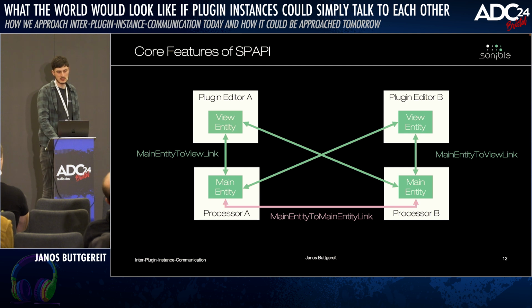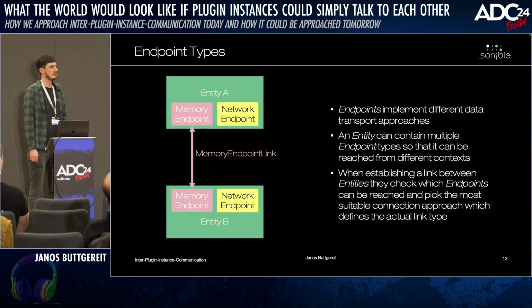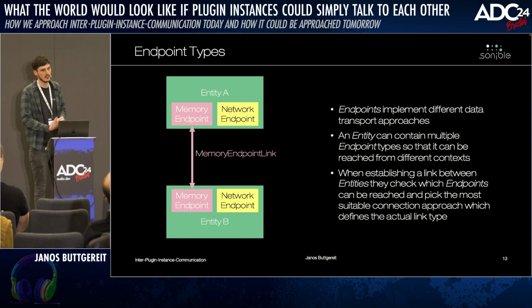One particularly interesting thing is, how technically do we get data from A to B? And we also abstracted that. So each entity in our framework can have multiple kinds of endpoints, is what we call it. So here's a typical entity that has a memory-driven and a network-driven endpoint.